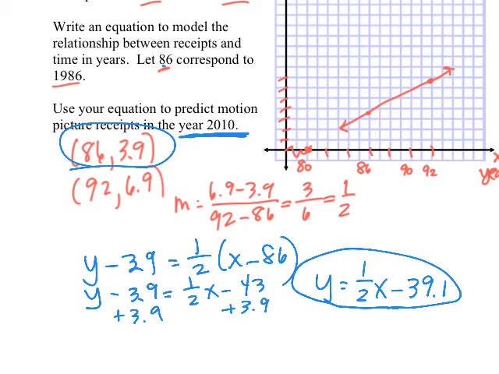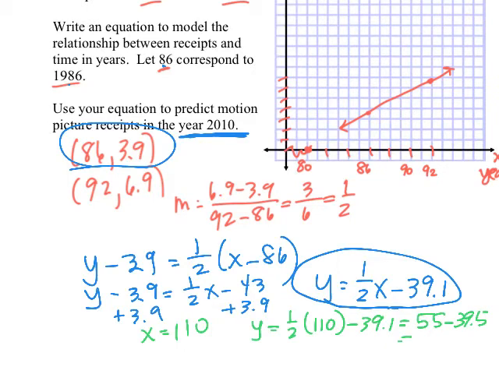If 86 is 1986, this is 110, because we're subtracting 1900 from that. So we want to plug in an x of 110.